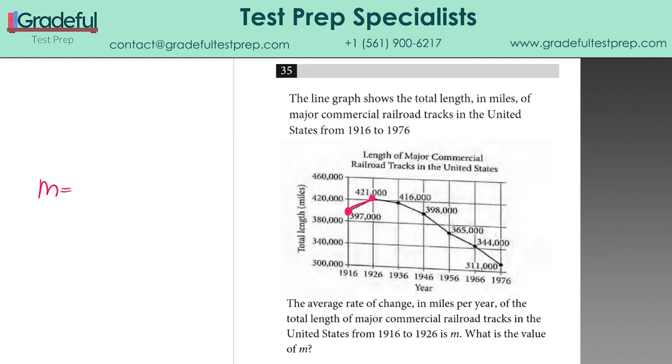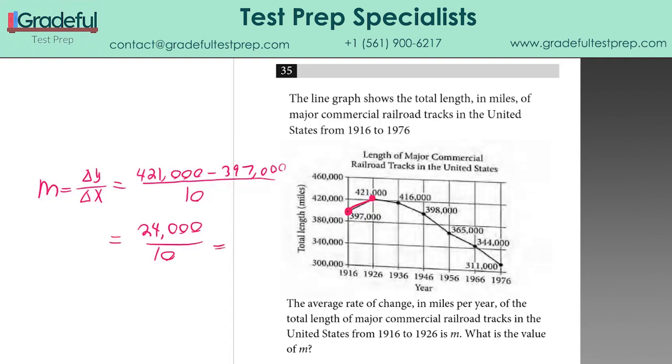So slope is your change in y over your change in x, and the y is changing by the difference between 421,000 and 397,000, and the x is changing by the difference between 1926 and 1916, which is a nice and easy 10. So 421,000 minus 397,000 is 24,000, and divided by 10, that'll take away one of the zeros, so it'll be 2,400 over 1, and that's our answer, 2,400.